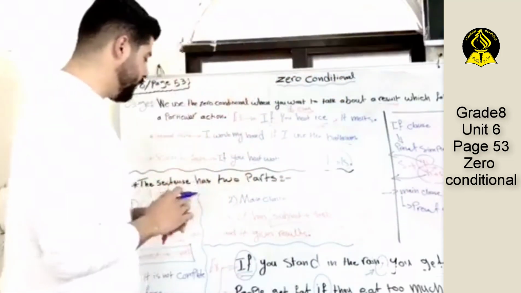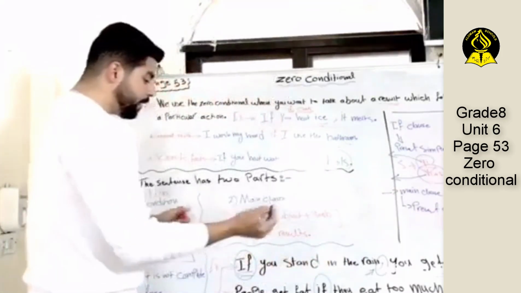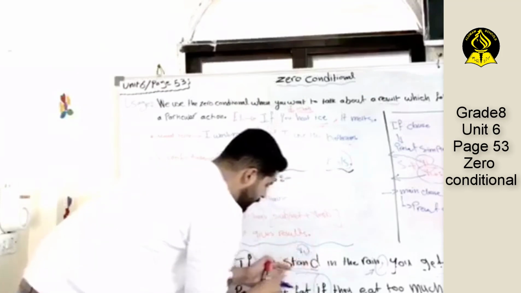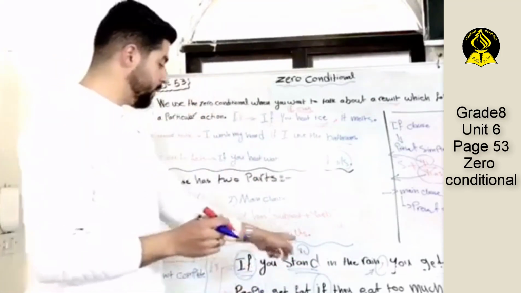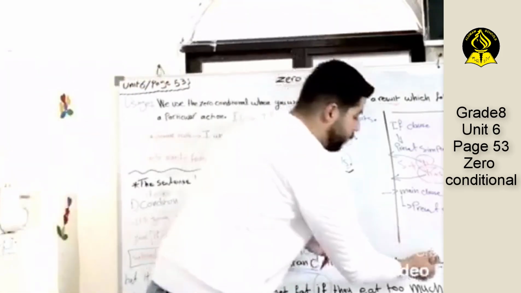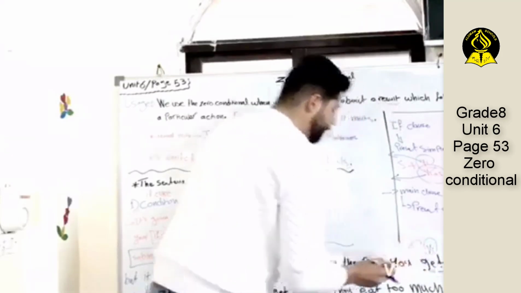For example, here, look again. If you stand in the rain, look here. If you stand. So stand, verb 1. Why? Because you, plural. If you stand in the rain, you get wet. So we used here also verb 1 because you also what? Plural.